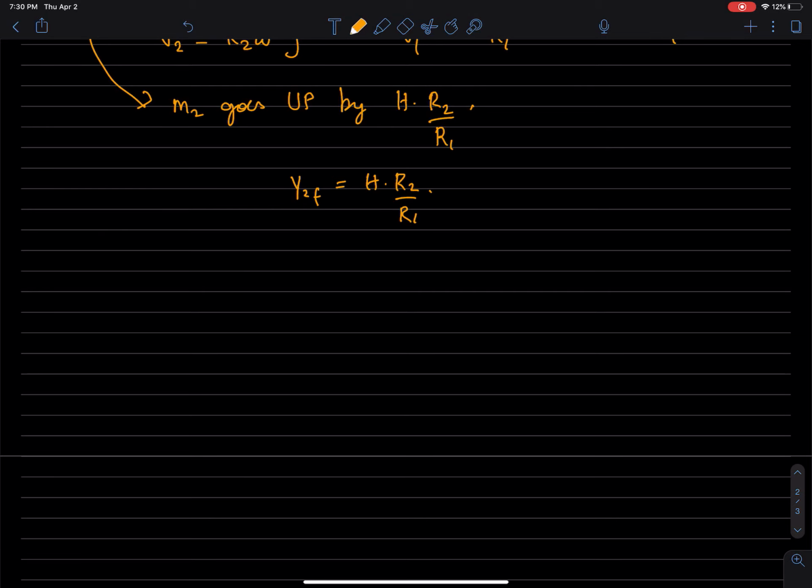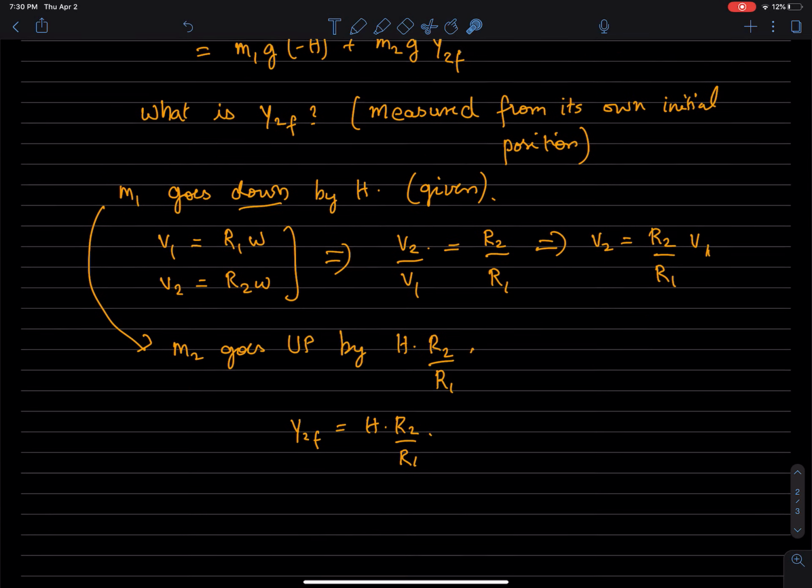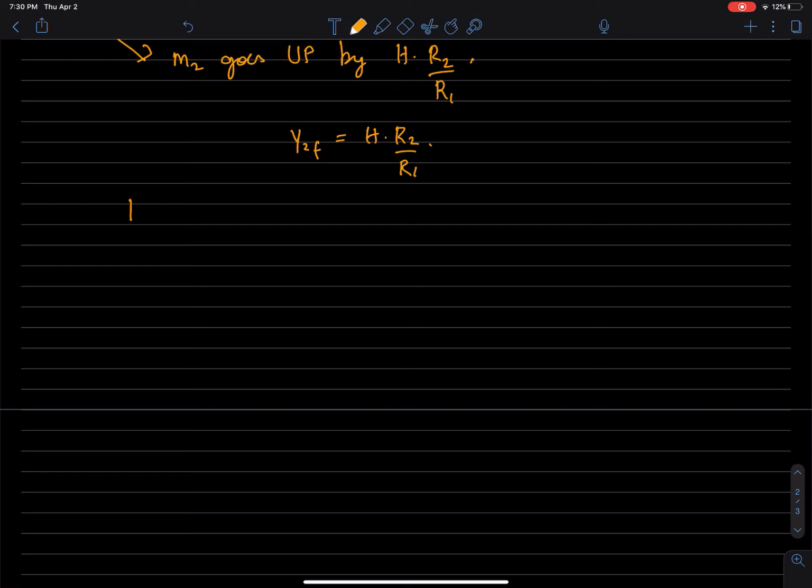Okay, so we can plug that into this relationship. So P final equals m1 g times minus h plus m2 g times h R2 by R1. Mass m2 goes up, so we have a plus here. That's P final.